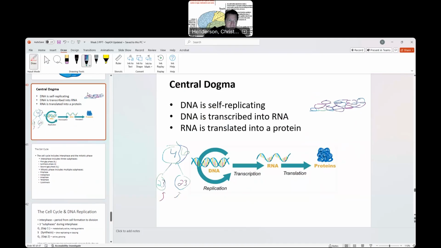We want to have 46. So what do we have to do to get 46 in here and 46 in here? The answer is staring you in the face. Replication.